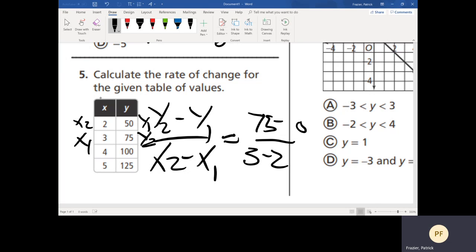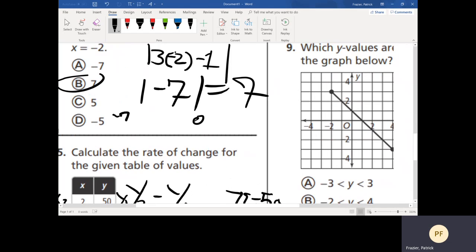Okay, make a better 5 here. Okay, 75 minus 50 is 25. 3 minus 2 is 1. So we just have 25. 25 divided by 1 is still 25. So the slope, the rate of change, is 25.